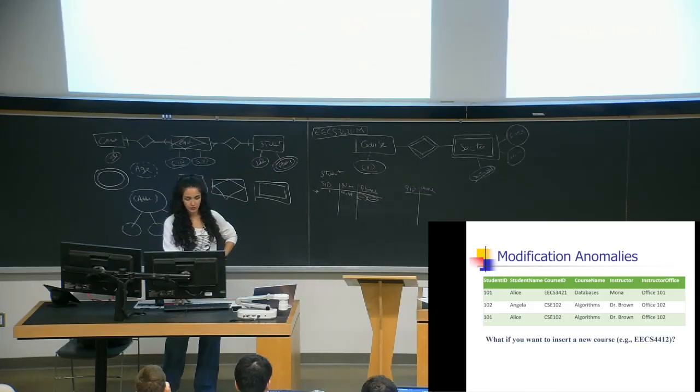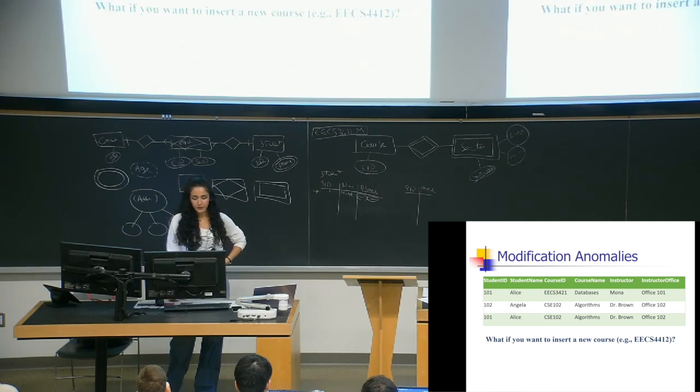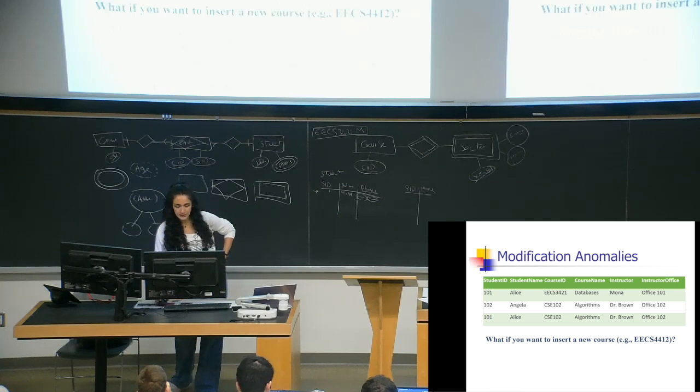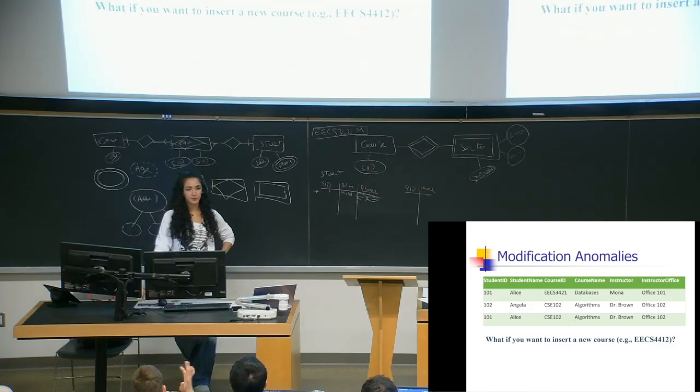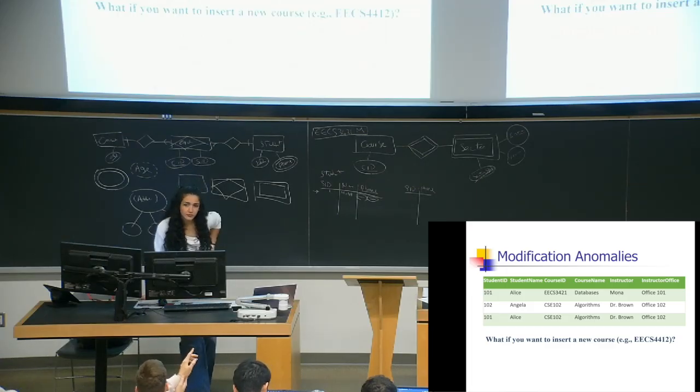That's only one issue. Now, what if you insert a new course? Let's say you want to insert ECS 4412. Do we need a student to do that? Or do we need basically a new entry? It causes a lot of issues. Because you have a new course, but all of it's linked together. To add that new course, you would also need a student not currently enrolled in it.